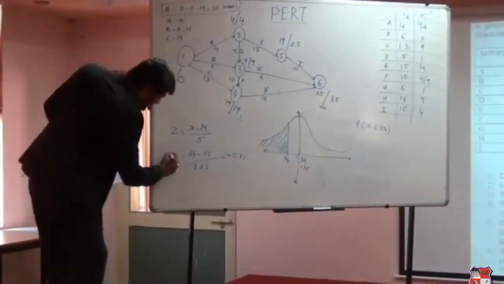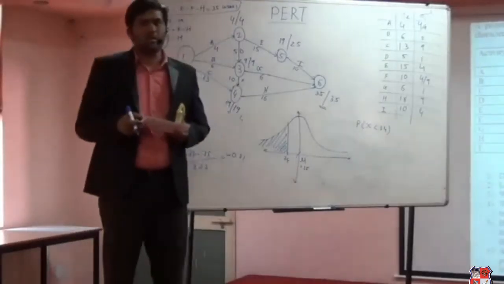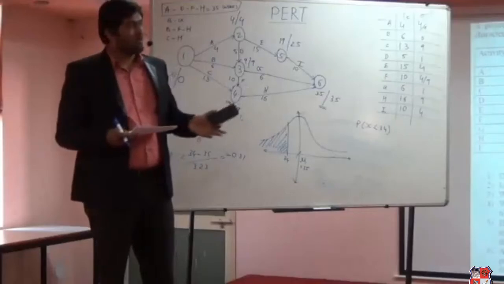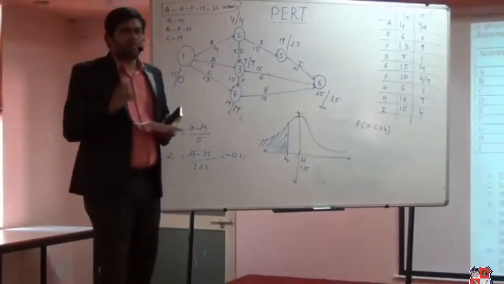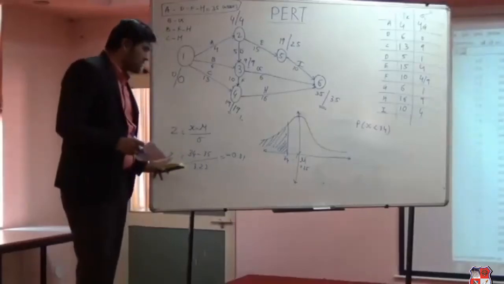Now remember, people, in statistics we have a normal distribution curve, a bell-shaped curve. For that reason we have the table of the normal distribution curve, and based on the table we find the area for z, that is 0.31.